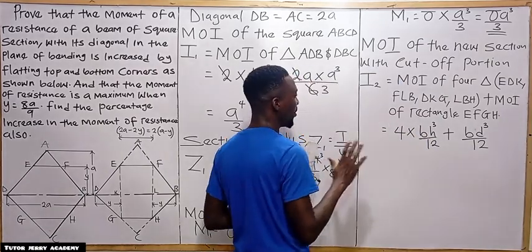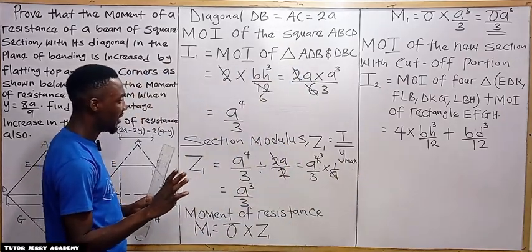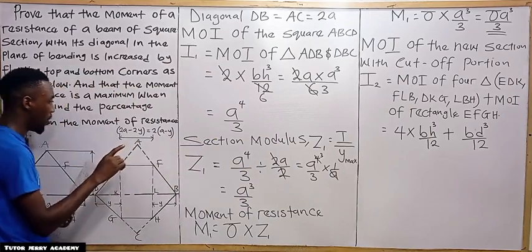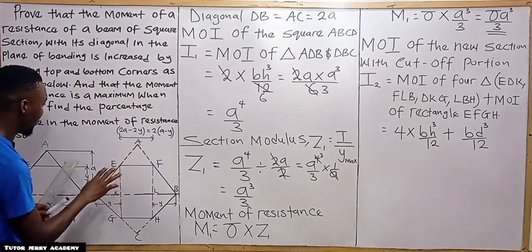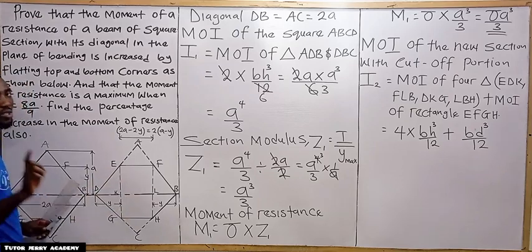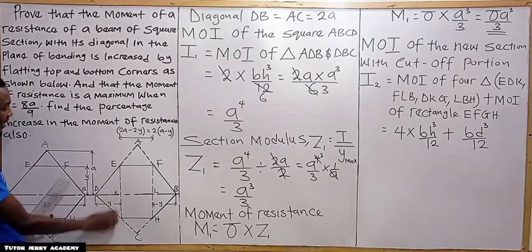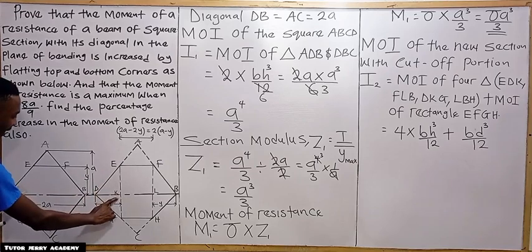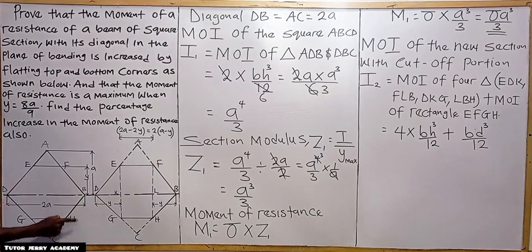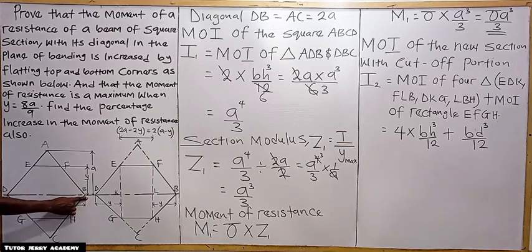All right, but we are going to look at something critically here. What is the base of this triangle? This triangle, they are all the same, so we'll just consider one of them. The base is y, and the height EK is the same thing as from this point to this point, which is y.